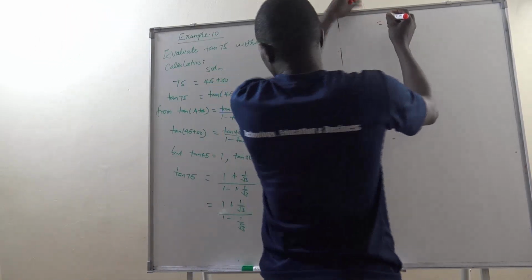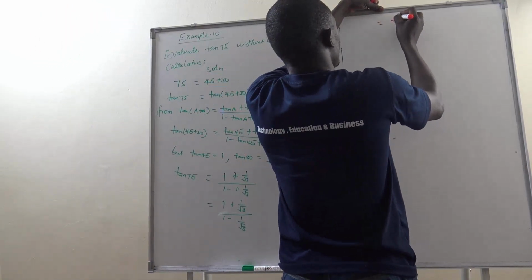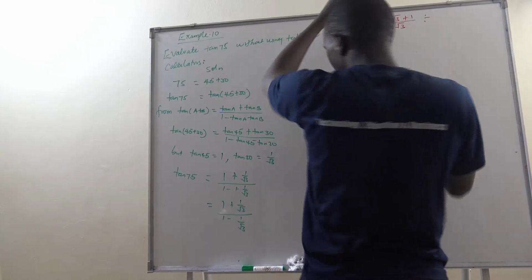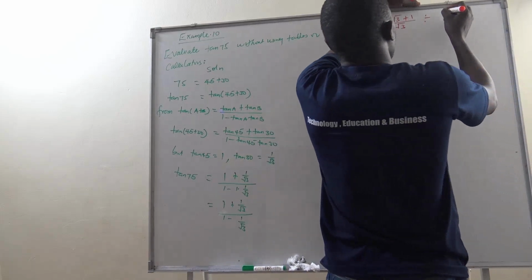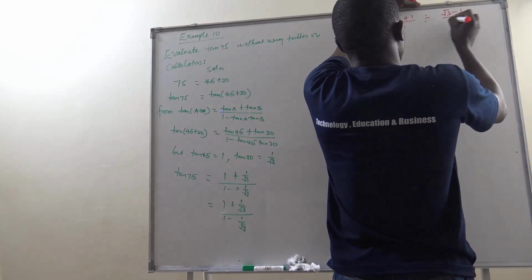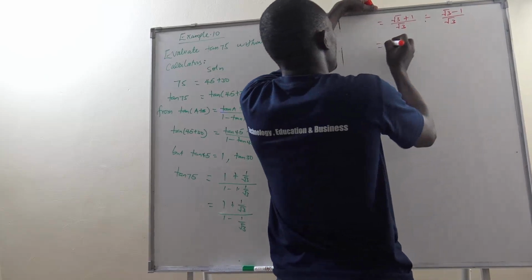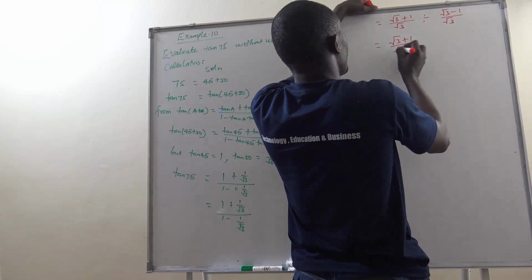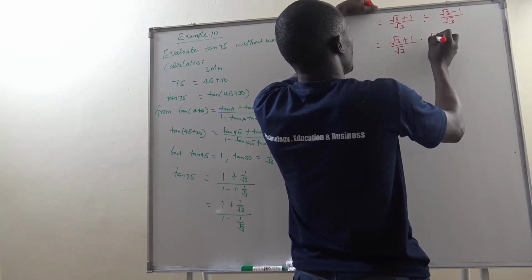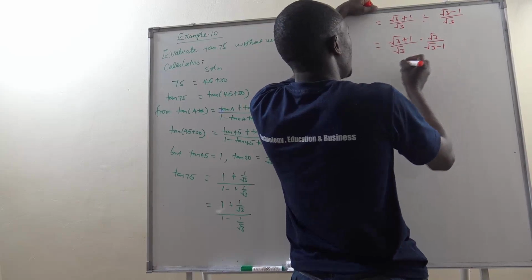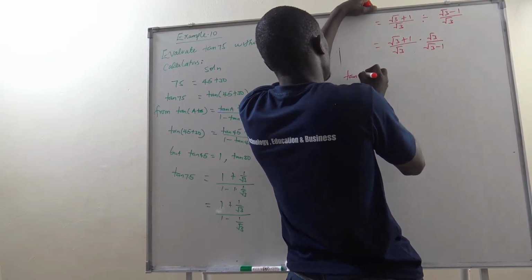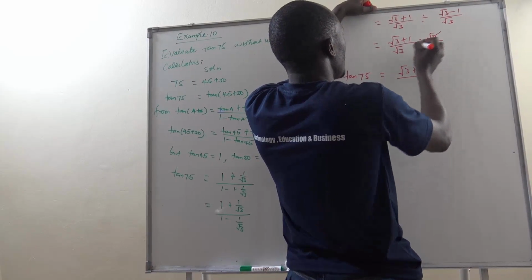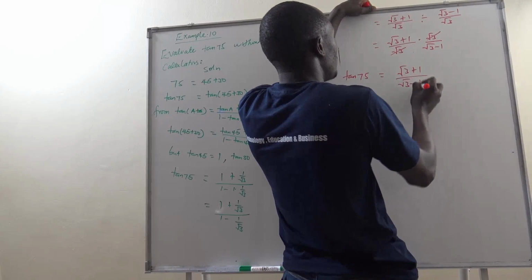So this becomes root 3 plus 1 over root 3 divided by, find the LCM still, root 3 minus 1 over root 3, which becomes root 3 plus 1 over root 3 times root 3 all over root 3 minus 1. So we are having tan 75 equals root 3 plus 1, this and this disappear, all over root 3 minus 1.